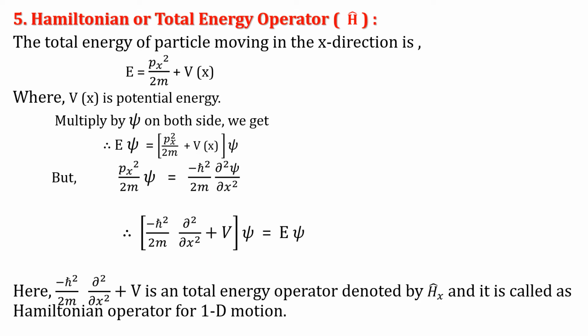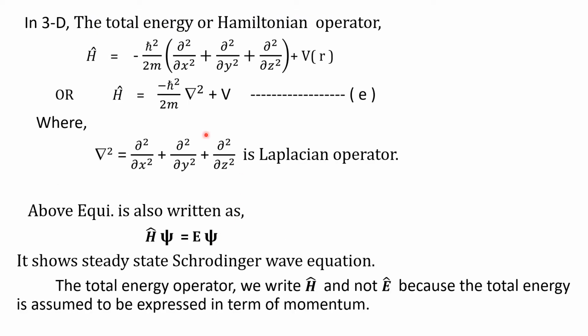That equation is, in 3 dimensions, the total energy or Hamiltonian operator written as H hat equal to minus h cross square by 2m into bracket del square by del x square plus del square by del y square plus del square by del z square plus V of r.